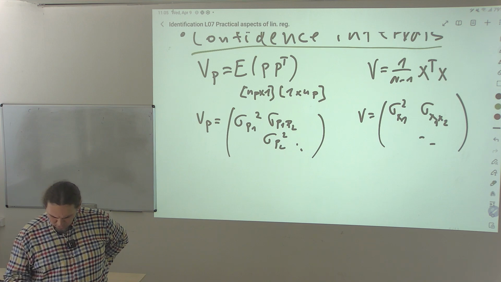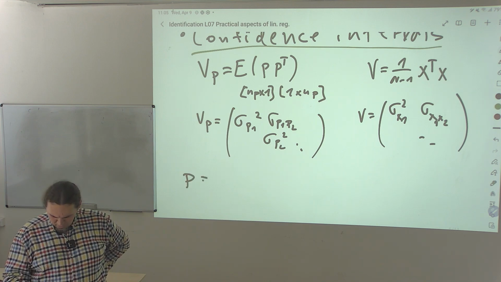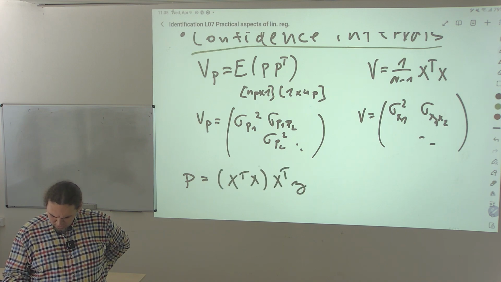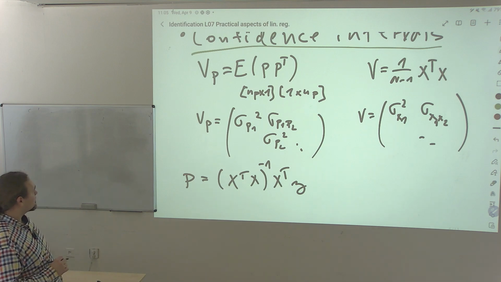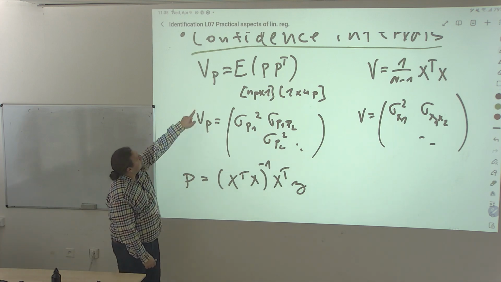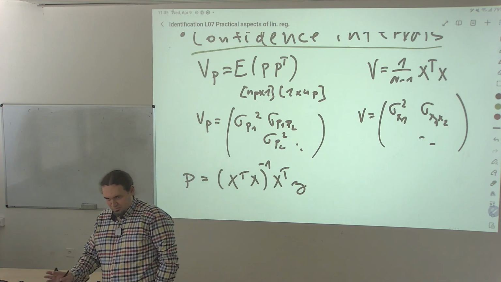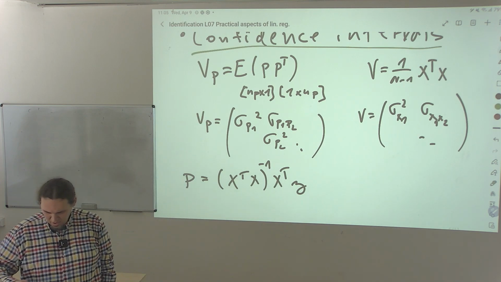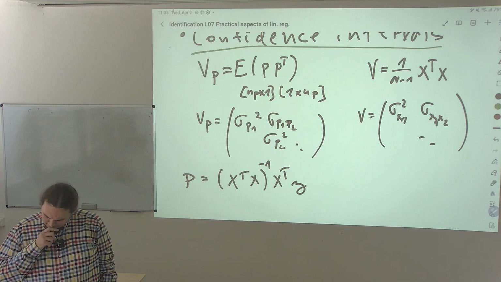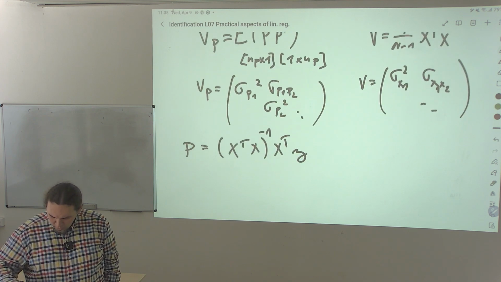We know our parameters. That's our nice formula: X transpose X inverse, X transpose y. So basically, we can just plug this P into this P times P transpose. It would look messy in the beginning, but we'll work it out.